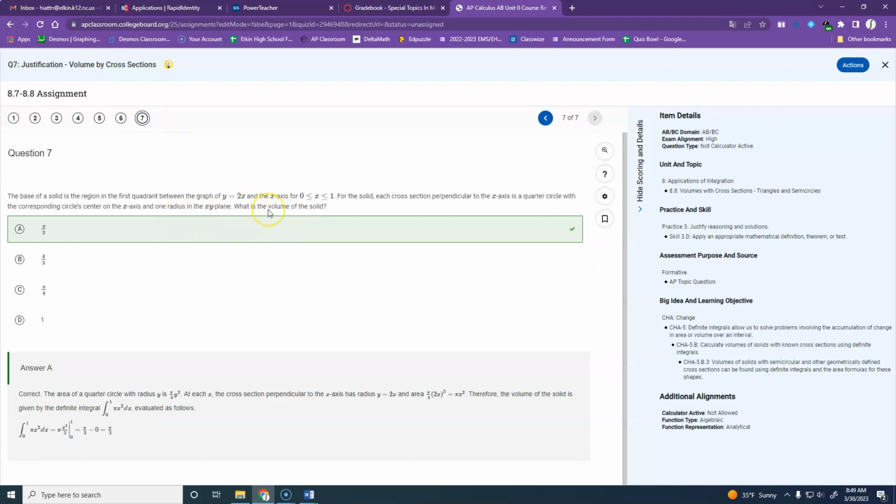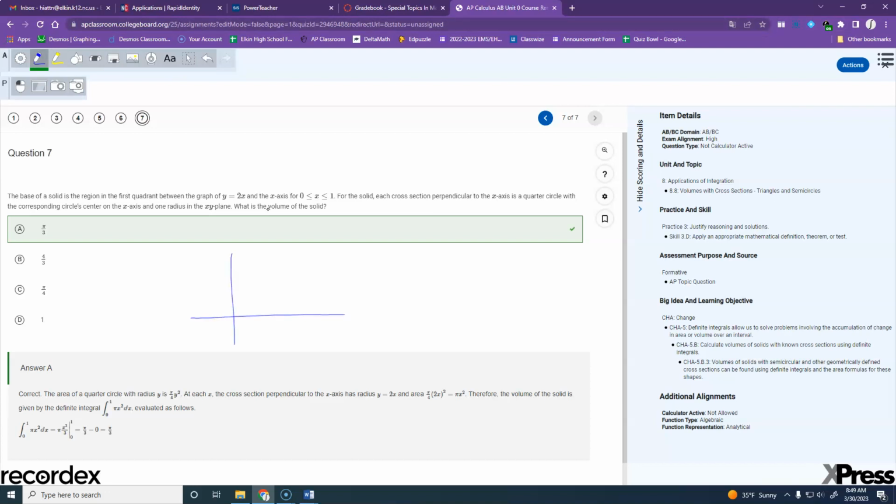7 was a little bit different because you had a quarter of a circle. So when you have a quarter circle, you end up with a base that looks something like this. When you're doing a quarter of a circle, this is your S, and you're making these cross sections here that are supposed to be a quarter of a circle there.